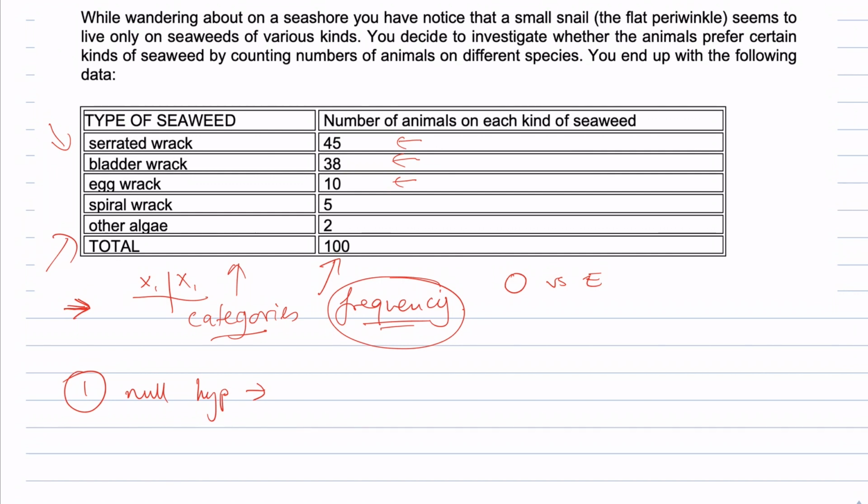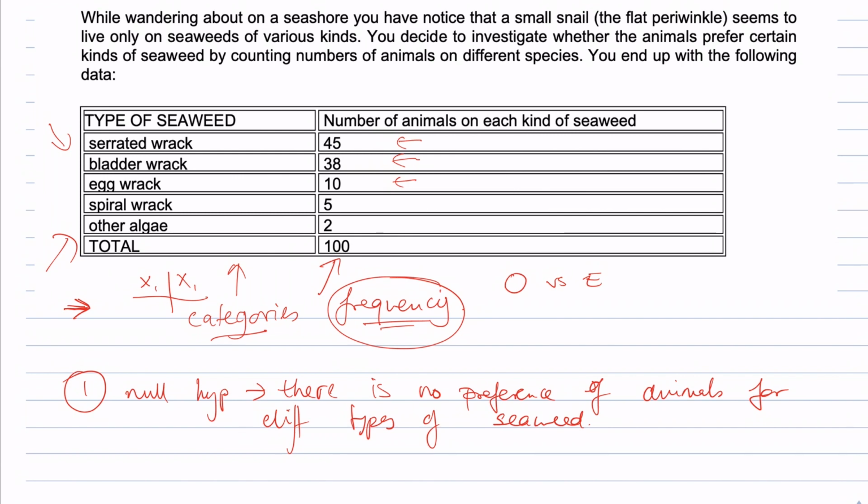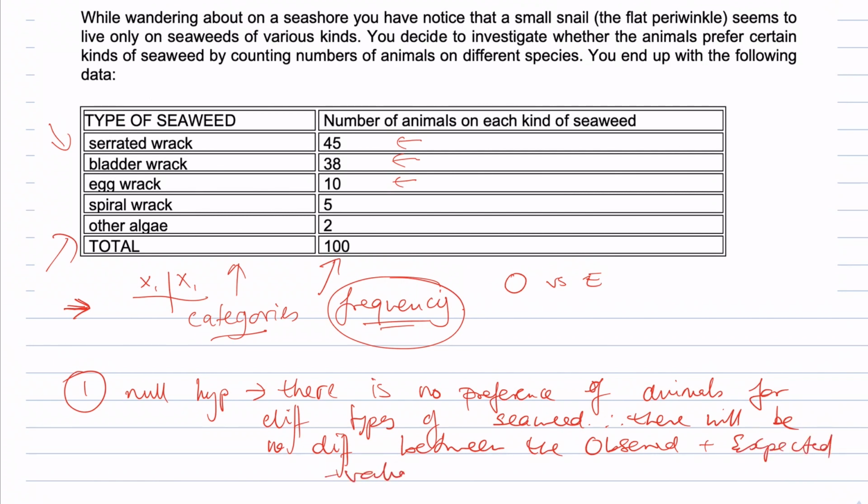My null hypothesis, because I'm going into this as an unbiased scientist, would state that there is no preference of the animals for different types of seaweed, and therefore there will be no difference between the observed and expected values.